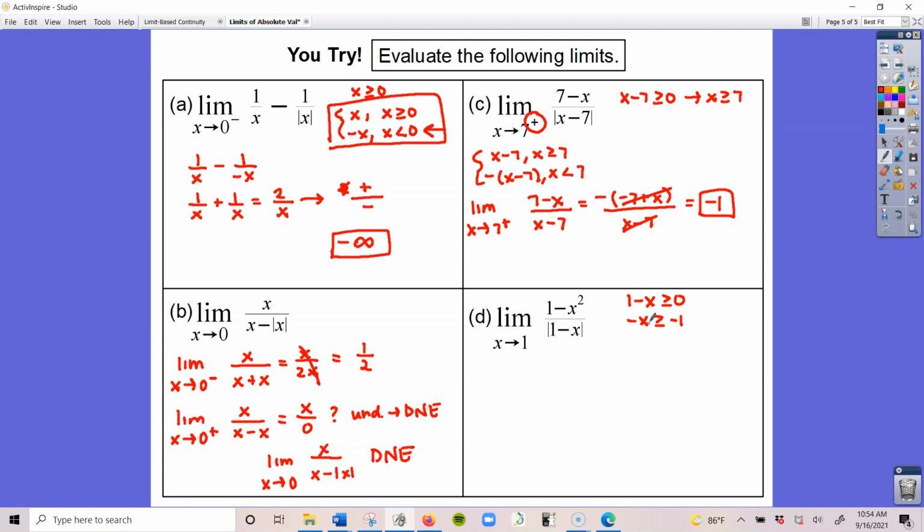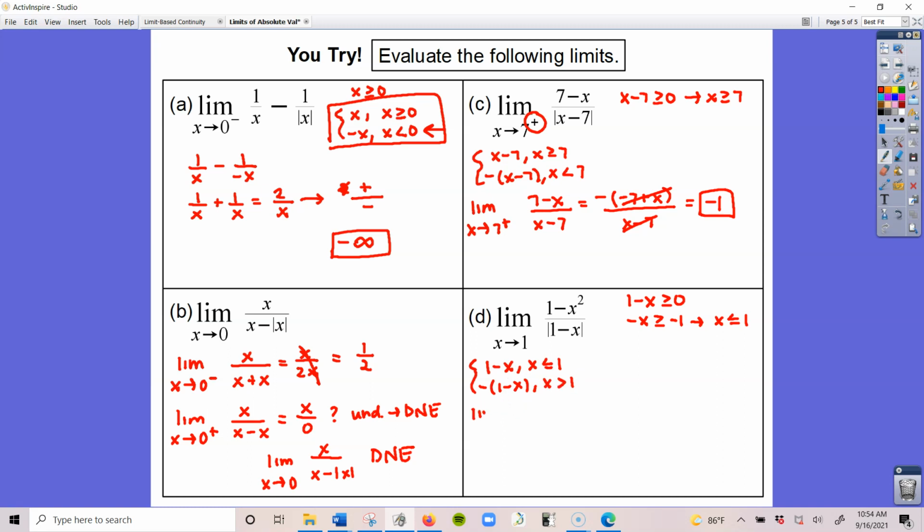And then divide by negative 1, which will make my inequality x is less than or equal to positive 1. So this is for our positive version of the absolute value. So that's our first piece, 1 minus x for when x is less than or equal to 1, and then negative 1 minus x for when x is greater than 1.